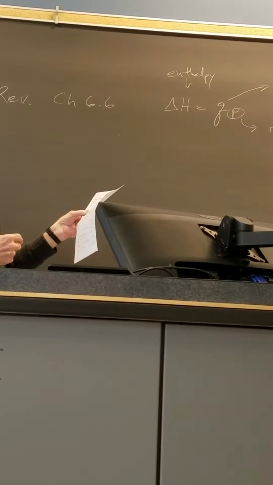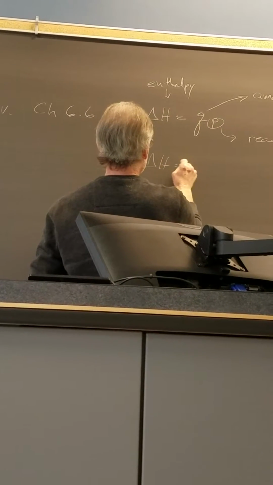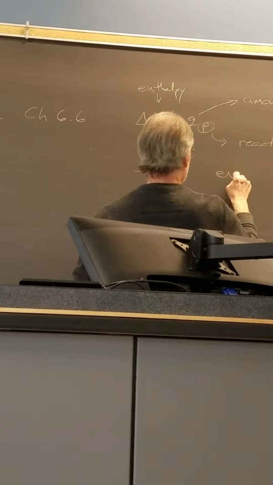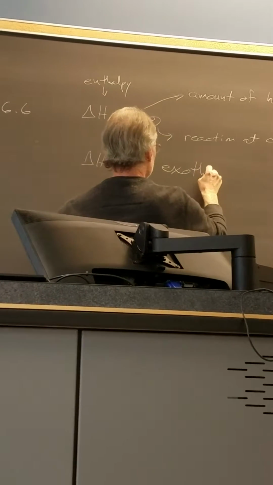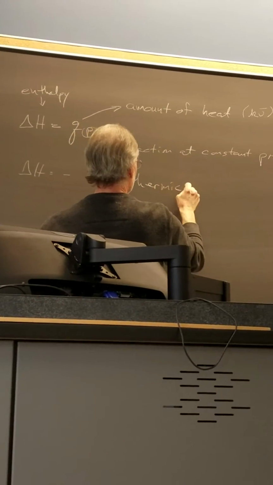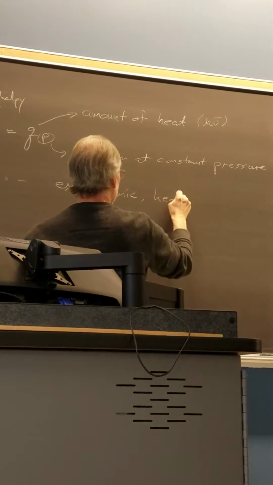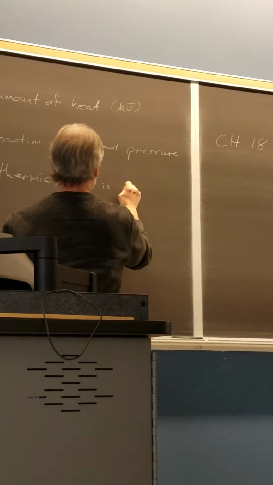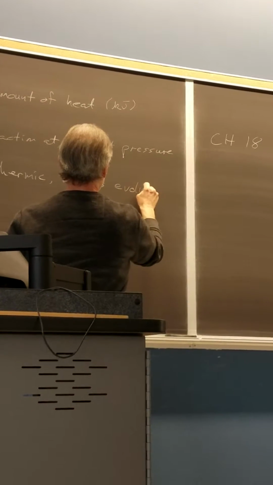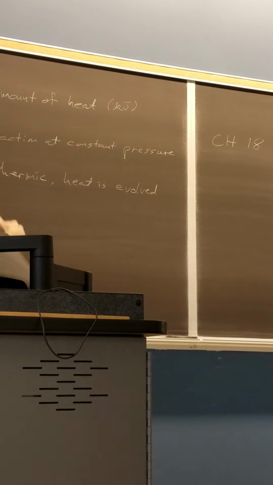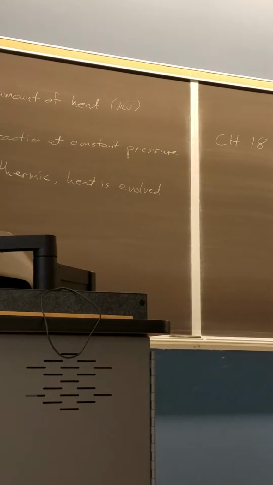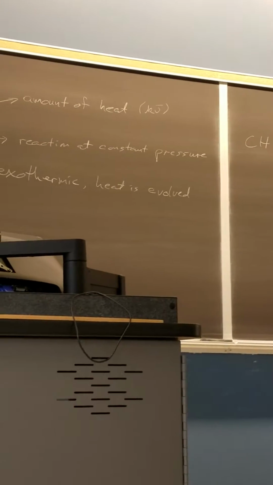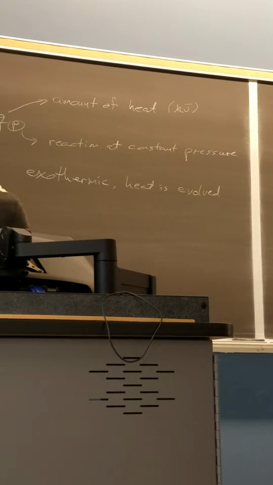So that's the definition. If delta H is negative, it's called an exothermic reaction. Heat is produced or evolved. So you run the reaction, it builds up excess heat, and then distributes that heat to the surroundings.